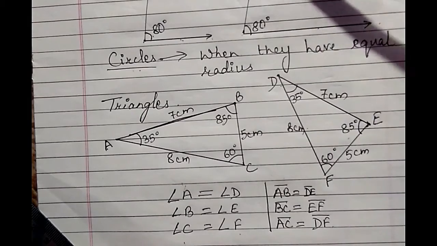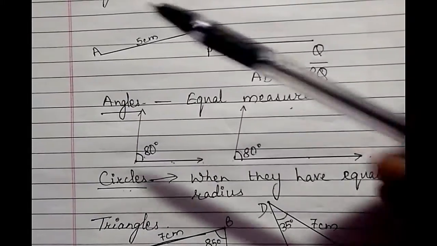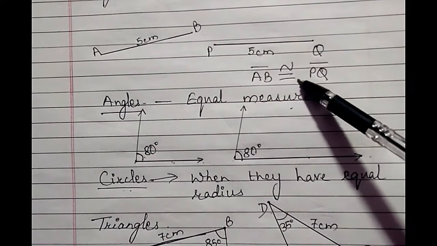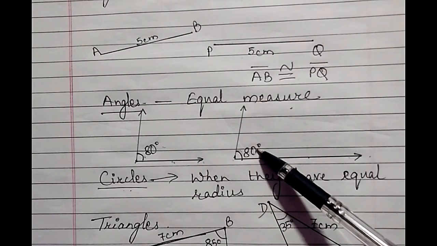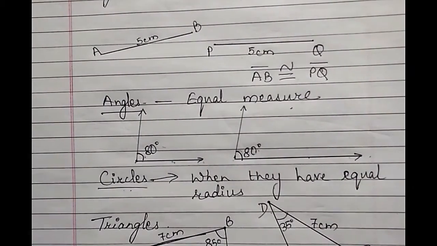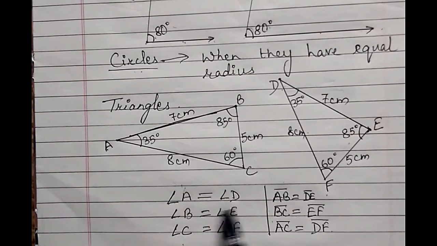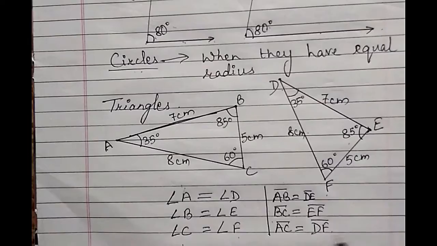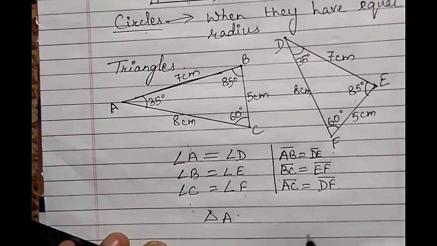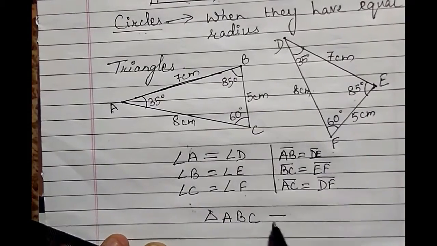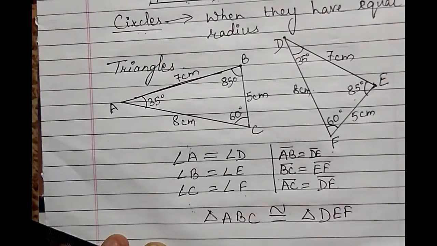And we have just now discussed line segments, if they are equal, we call them congruent. Angles, if their measurement is equal, we call them congruent. Similarly, here in our 6 elements, the line segments are also equal and the angles of the triangles are also equal. So these two triangles are: triangle ABC is congruent to triangle DEF.